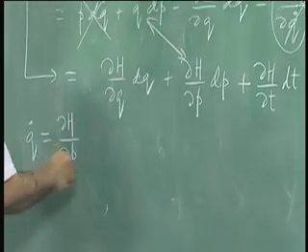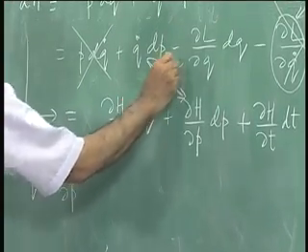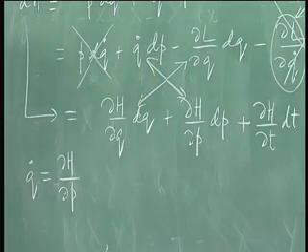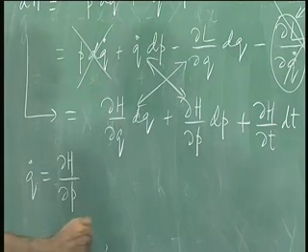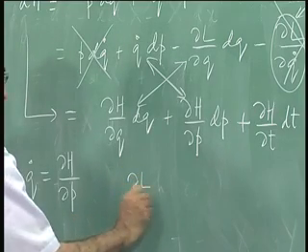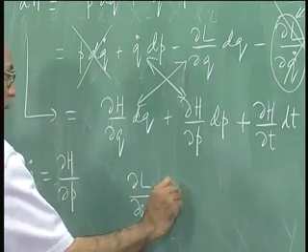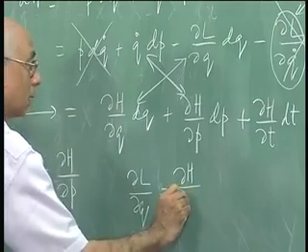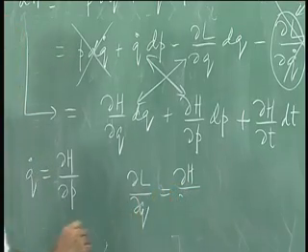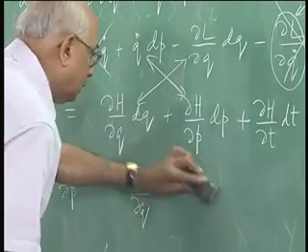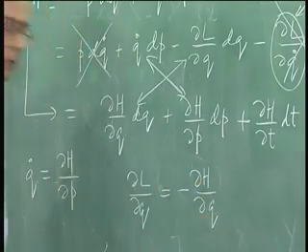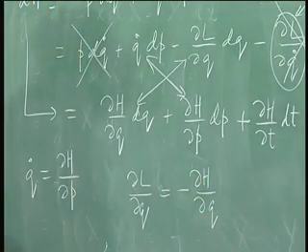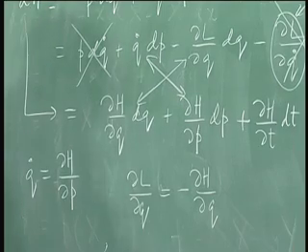Now I match this with that, and here is where the physical input is going to be. What do I get? I get ∂L/∂q equal to minus ∂H/∂q. But remember, we are talking about solutions of the Euler-Lagrange equations. We are going to use the equations of motion.